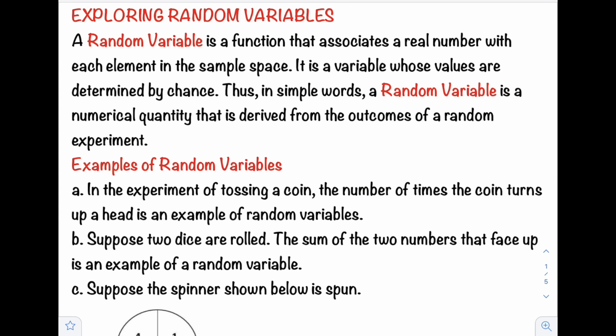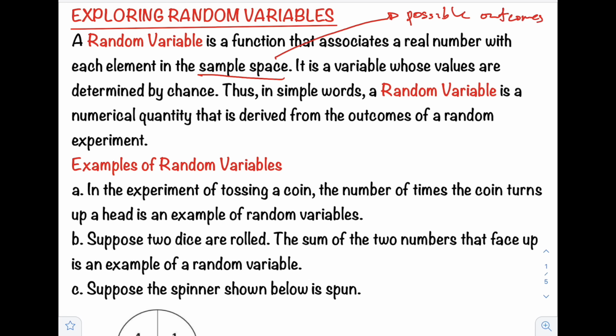Hello class! In this video, our topic is all about exploring random variables. A random variable is a function that associates a real number with each element in the sample space. When we say sample space, it is a collection of possible outcomes of a random experiment.